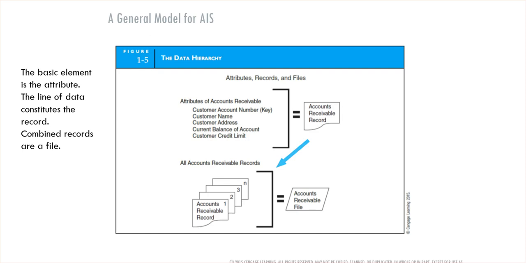On the first column, I would have the customer's account number. On the second column, I would have their name. The third column, their address. I might have their balance. I might have their credit limit. There might be other information that I would want in there for my accounts receivable.